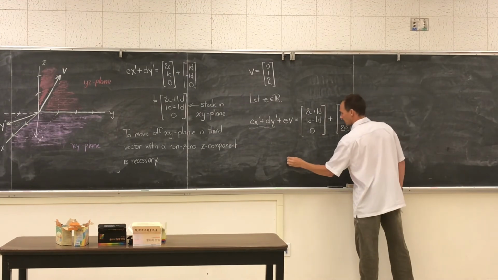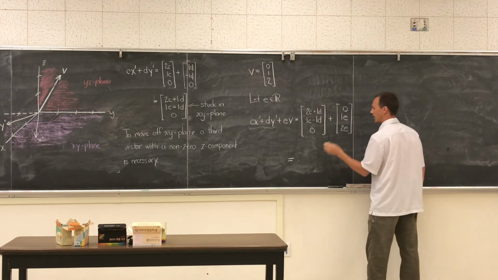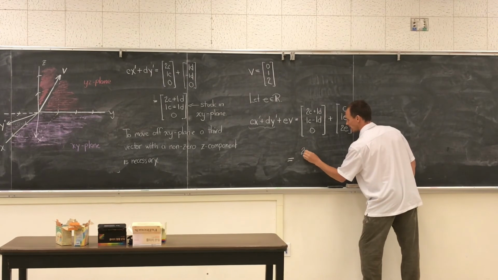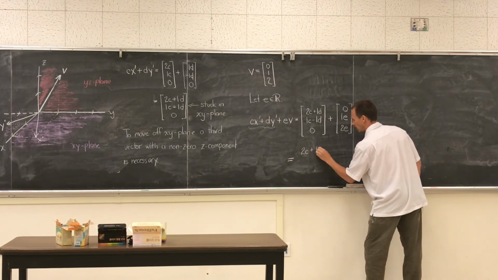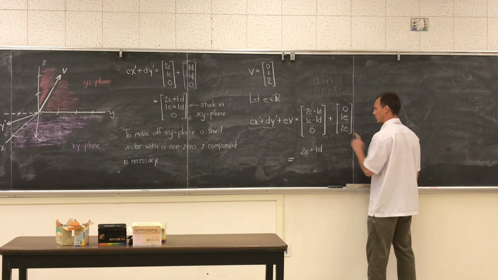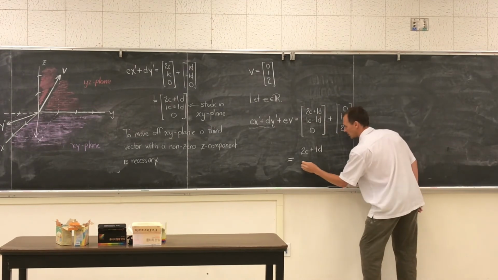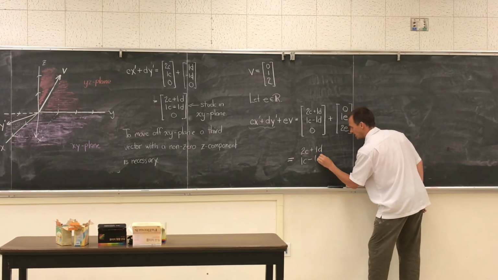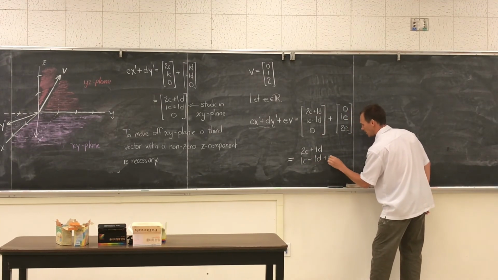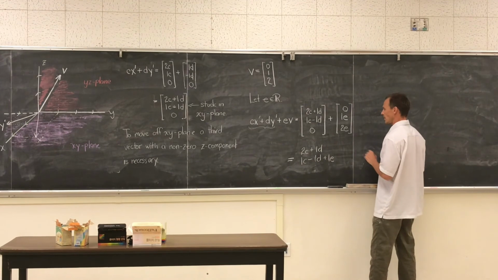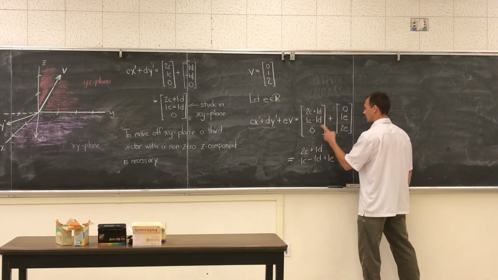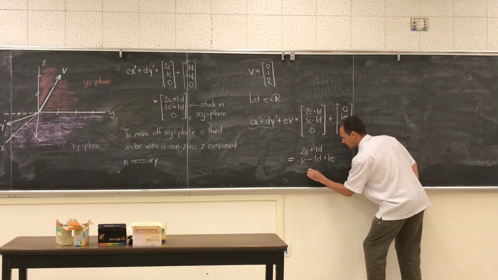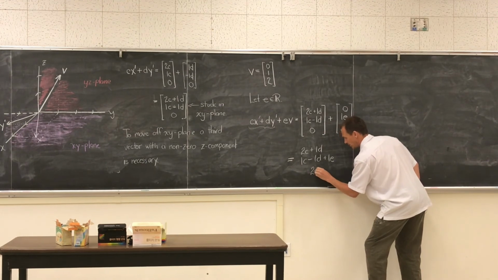Okay. Let's add these two together. I have 2c plus 1d, my first component. My second component is going to be 1c minus 1d plus 1e. My third component is going to be 0 plus 2e, so that's just 2e.